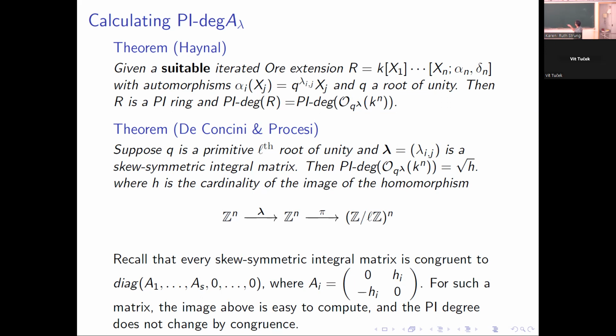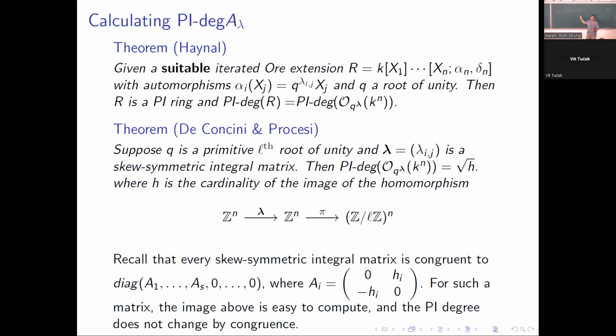And instead of using the lambda, it's easier to use something like this. Computing the image in that case becomes very easy, because you will send the first canonical vector of Zn to minus h1 e2, I guess, and then you project mod L, so minus h1 bar e2.